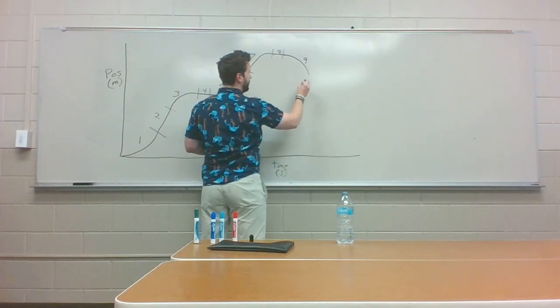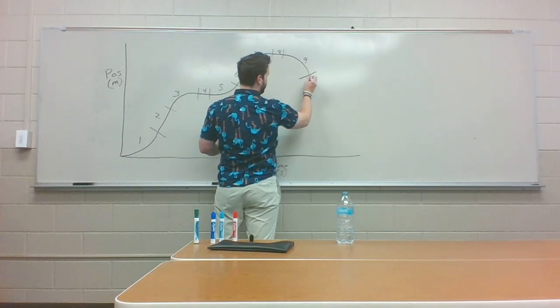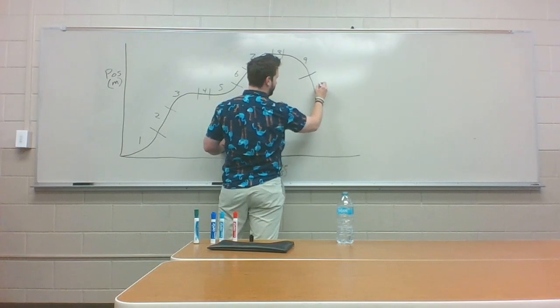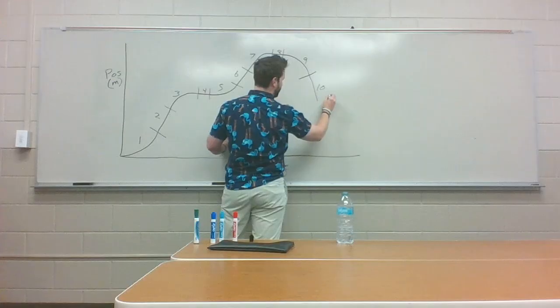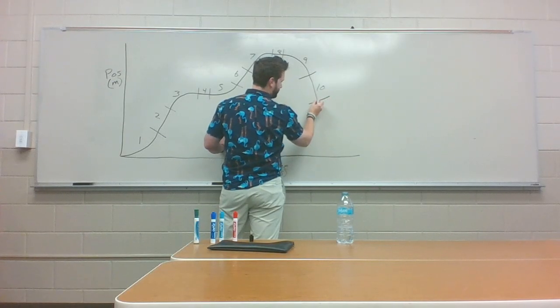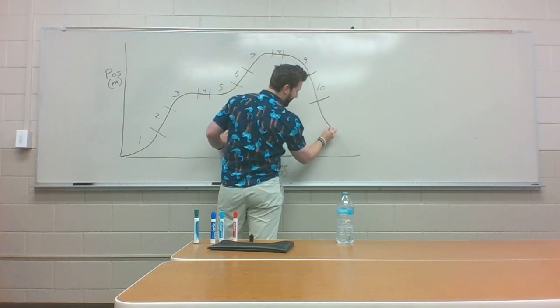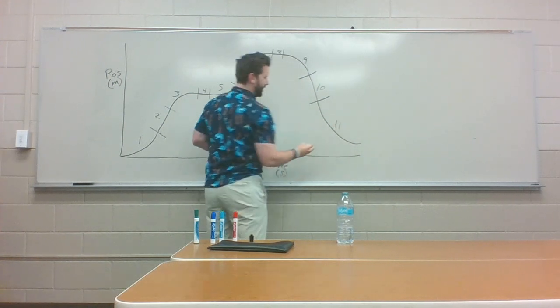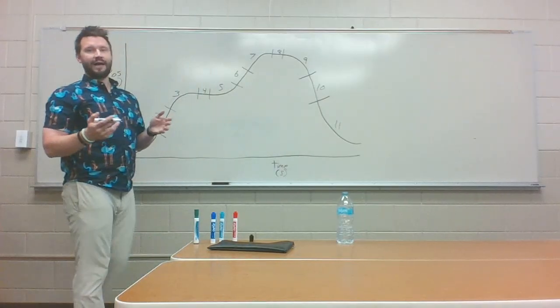From point 9 through the middle portion of this ride, we have a constant period once it is up to speed. And then as we start to get all the way back down to the bottom, that line starts to flatten out and eventually come to a stop at the bottom.